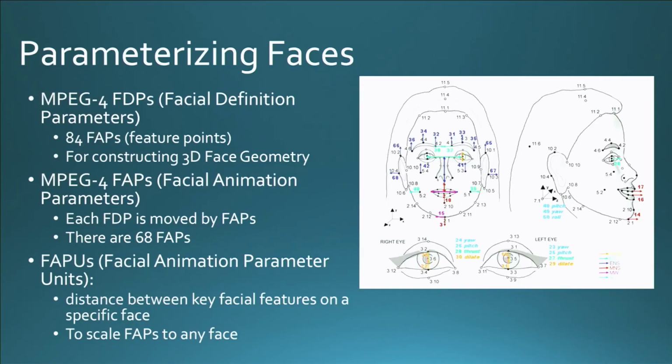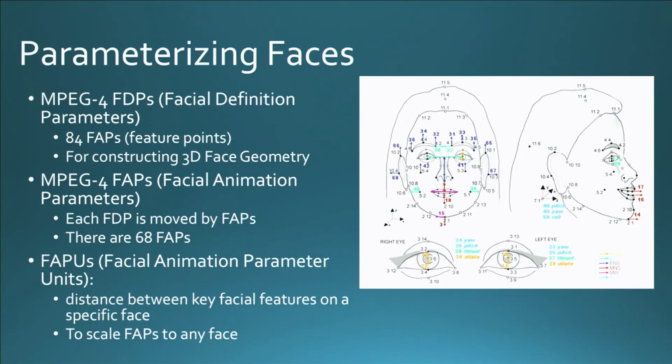Apart from blend shapes, one other technique that has been used was parameterization of faces. Because faces are composed of a lot of vertices and it's a complex topology, people were thinking, how can we represent them in a low dimensional space? In the early days, for example, there were MPEG-4 facial animation parameters and facial definition parameters.